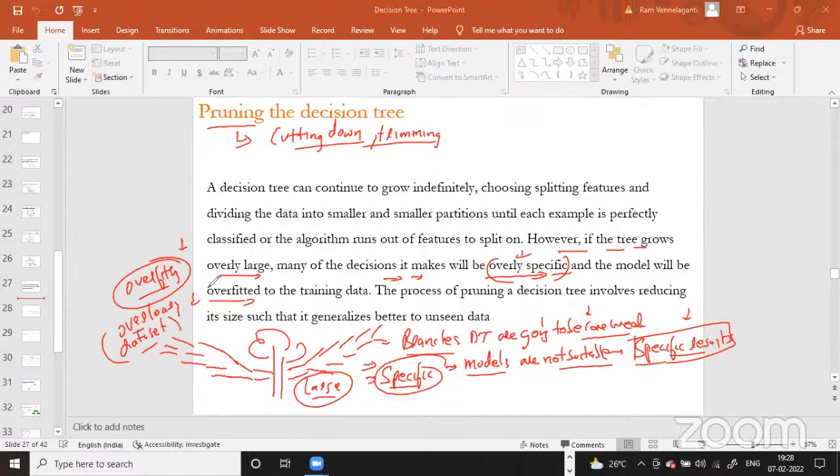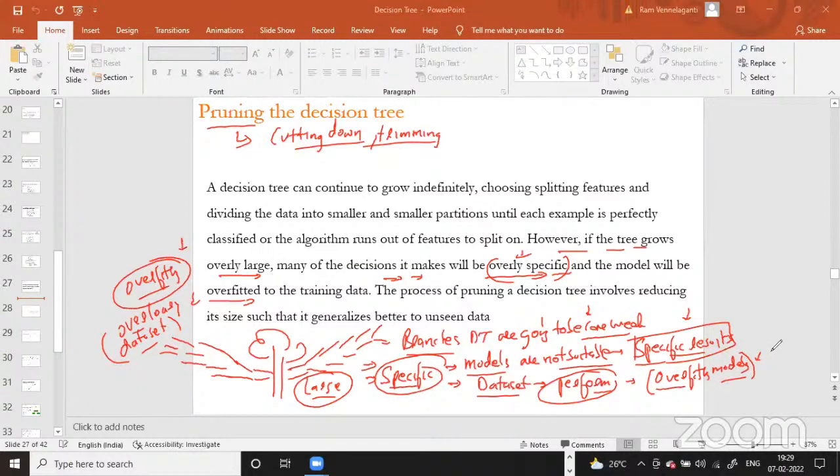It is memorizing your data set. So whenever your model is memorizing your data set, if I change my data set, what is going to happen? The model will not be in a position to perform on this new data set. So such models are called overfitting models, or overlearning models, or memorizing models.